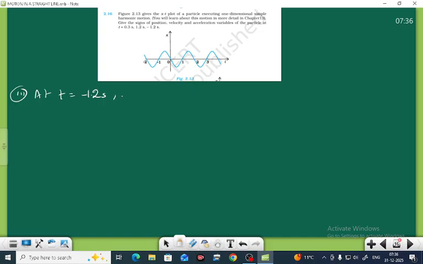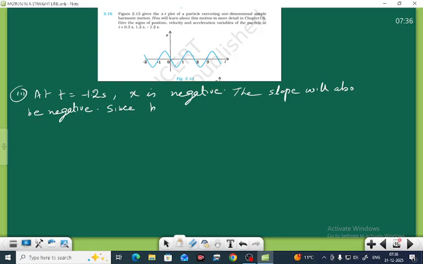Here we find that x is negative. So the slope will also be negative.